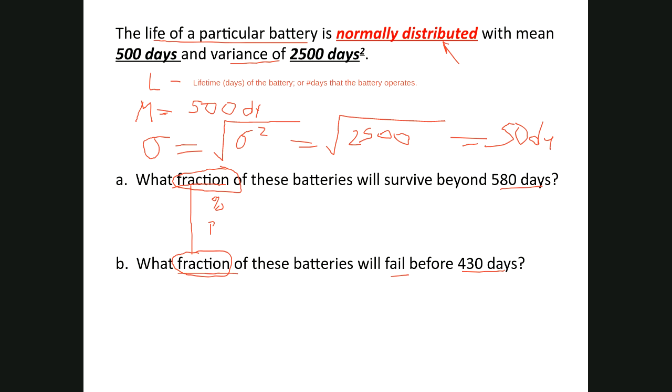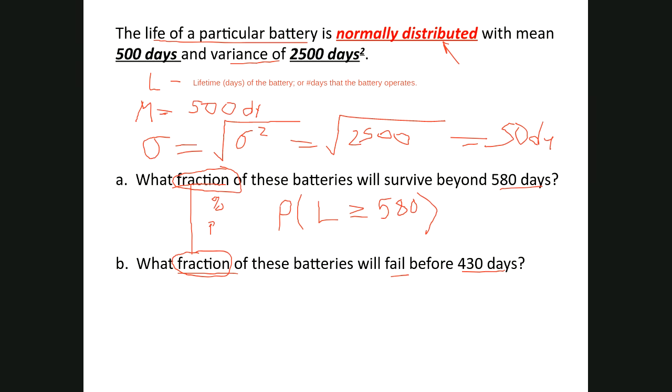And so now let's express this first question in terms of the probability. So first of all, we want to express that in terms of a mathematical relationship, which is to find the probability that the lifetime of the battery in days is greater than or equal to 580 days. And that's our probability statement.